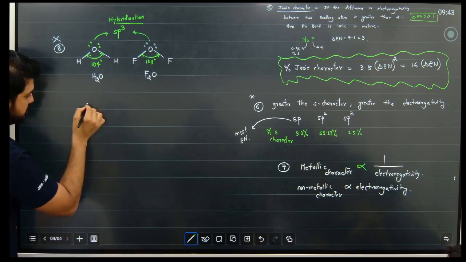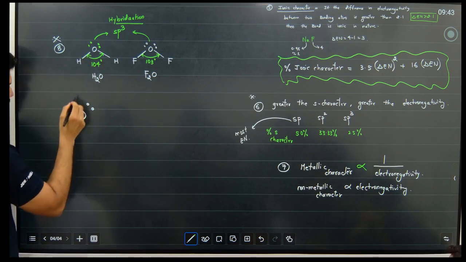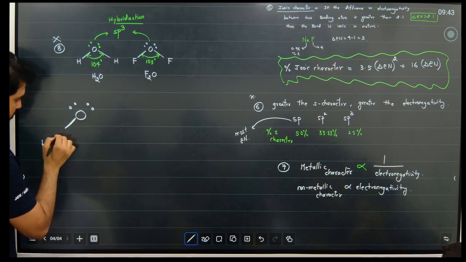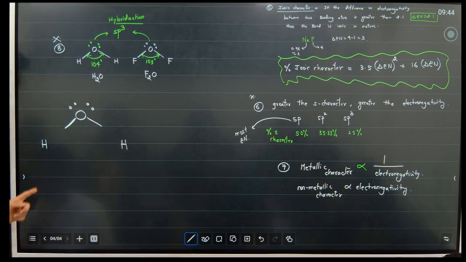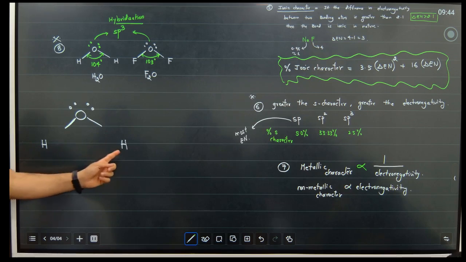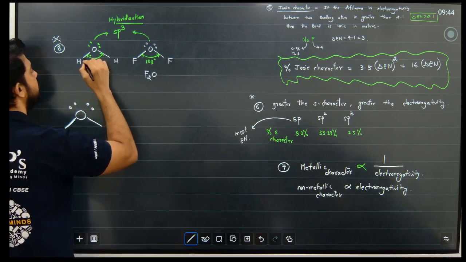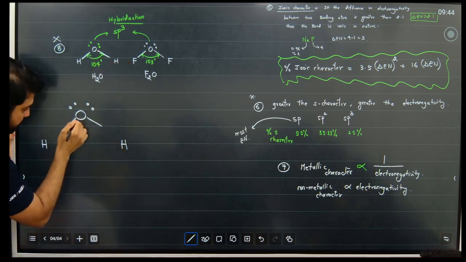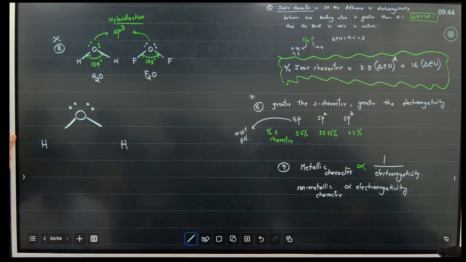So what happens is, the electrons of this covalent bond are closer to oxygen as compared to hydrogen. Try and understand that: these covalent bond electrons, this bond and this bond. Since oxygen is more electronegative, the bonds are actually closer to oxygen as compared to hydrogen.